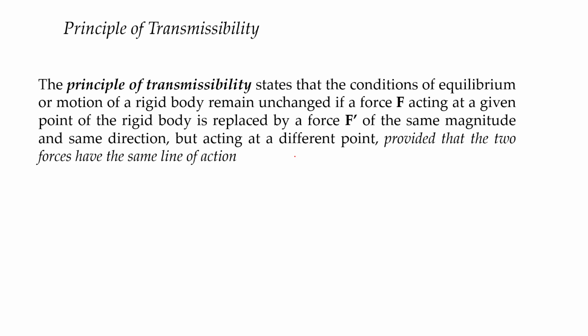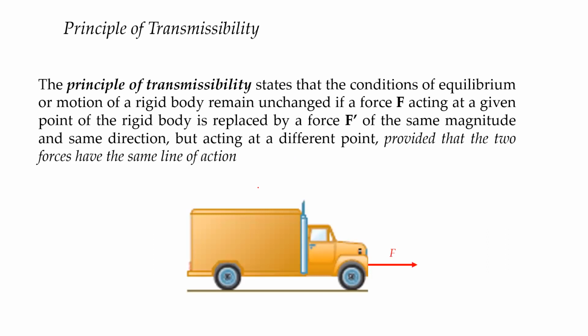So let us say I have here my rigid body, which is a truck, and I apply force F of a certain magnitude at the front. Of course, that force is applied at a certain height from my datum. This is my datum, meaning the floor or the road or whatever.